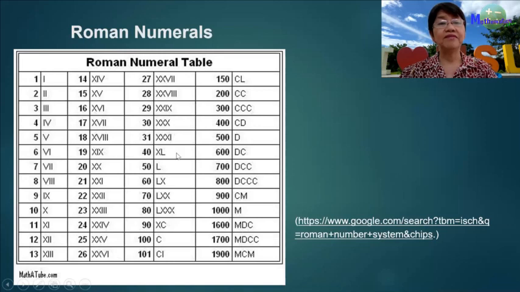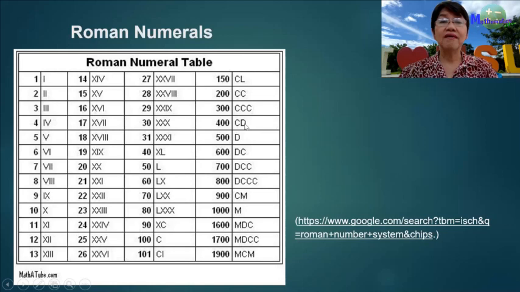Example, we have the number 40. So the symbol for 50 is L and the symbol for 10 is X. So this is 50 minus 10, 40. And the number 70. So we have 50 plus 10 plus 10. And we have the number 500 and before this 400.